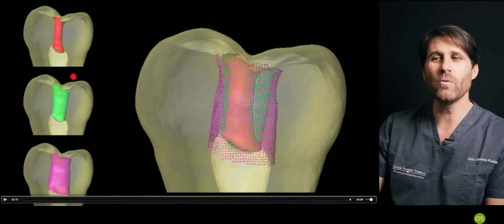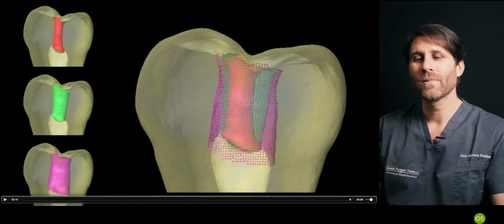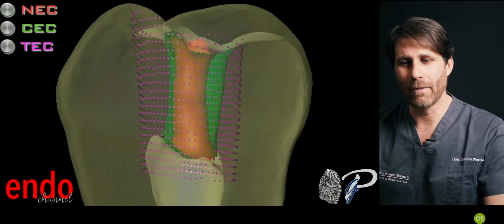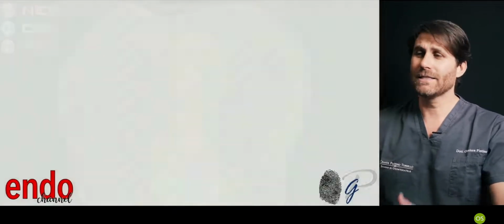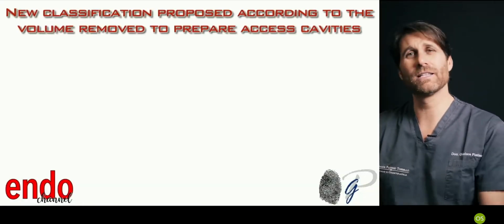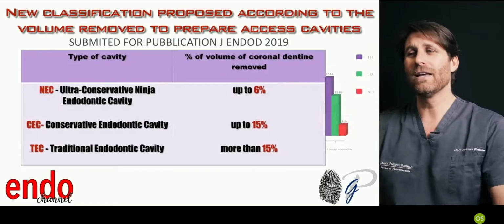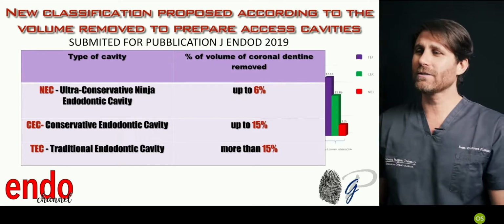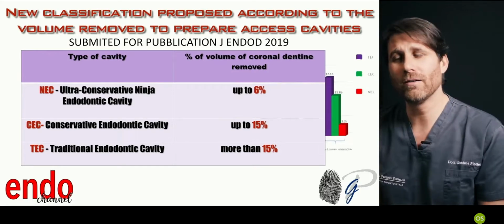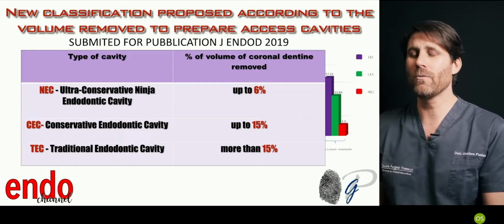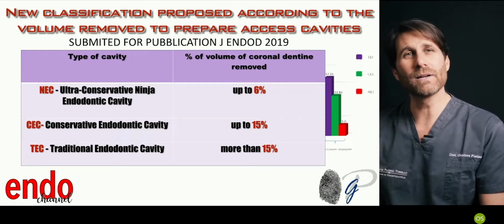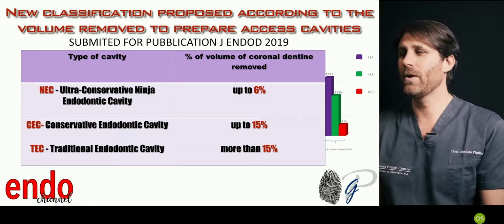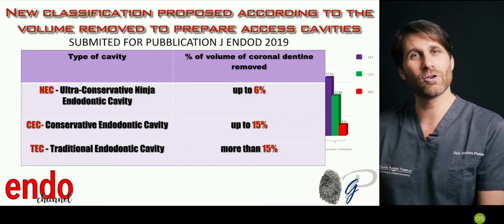With the conservative we are in the middle, and with the traditional, we obviously remove more dentin in a more classic approach. For a classification of access cavities, for the studies and research that have been done, depending on the volume of coronal structure removed, we classify the Ninja ultra-conservative endodontic cavity when we remove only up to 6% of coronal tooth structure. The conservative endodontic cavity is when we remove up to 15% of the coronal tooth structure.